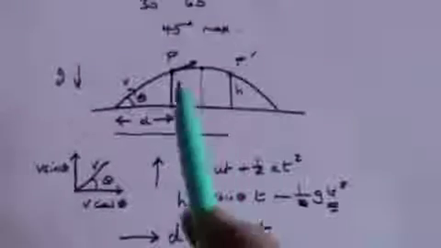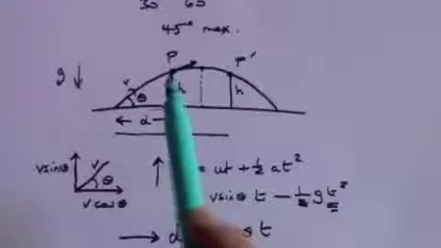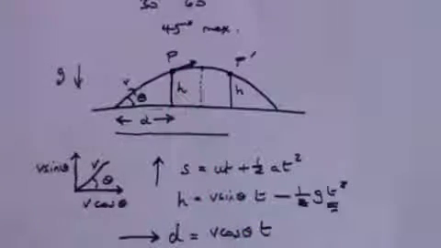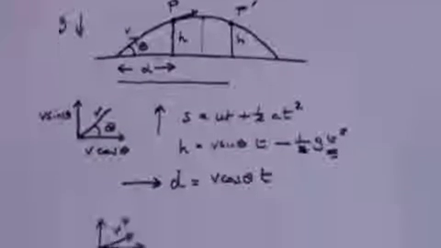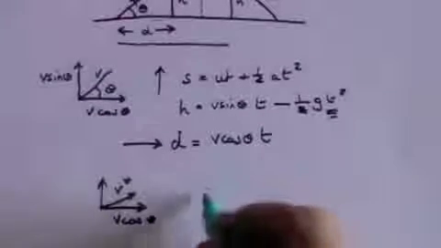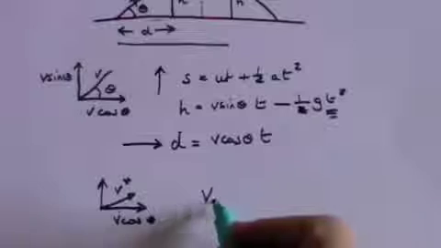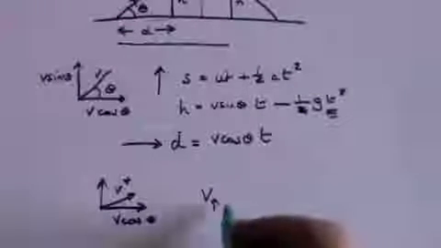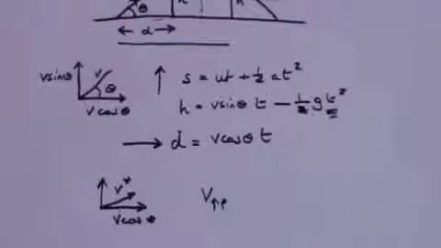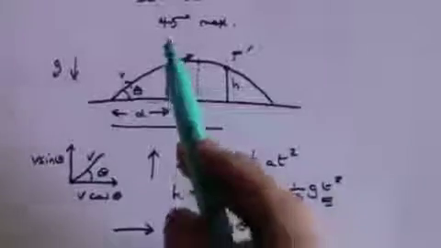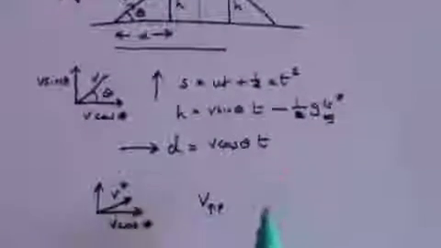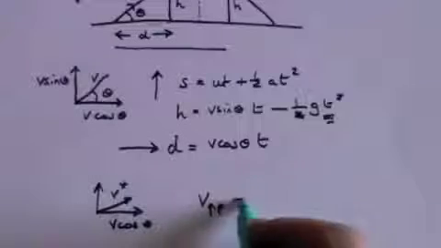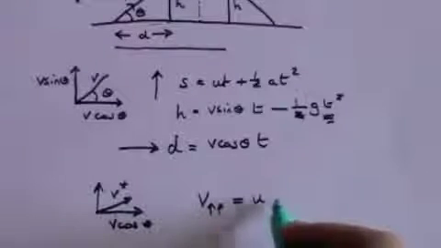The question is, what is the vertical value of the velocity once you get to point P? Well, the vertical value, let's call it v vertical at point P, the vertical component at point P, is going to be equal to u plus at.